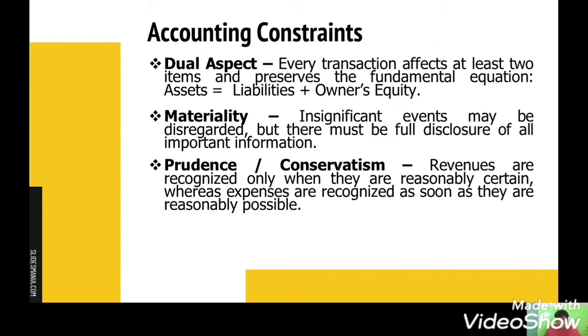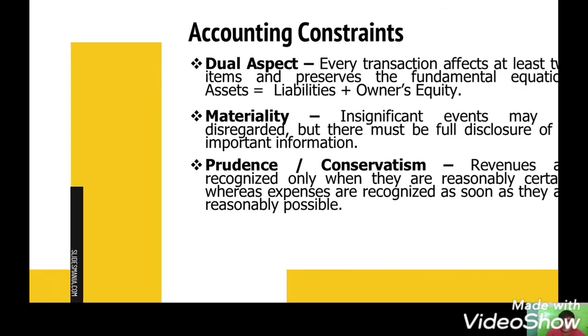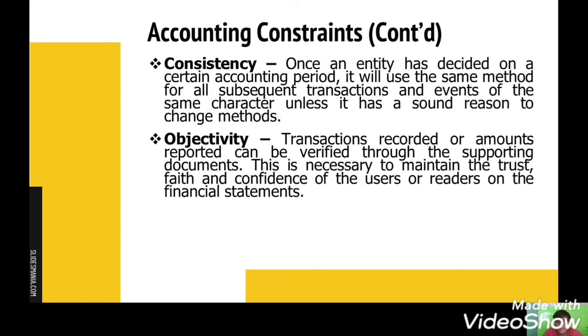Prudence or conservatism. Revenues are recognized only when they are reasonably certain, whereas expenses are recognized as soon as they are reasonably possible. And then the other two are consistency and objectivity.